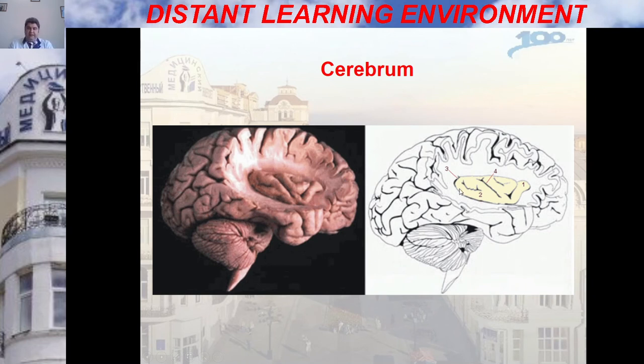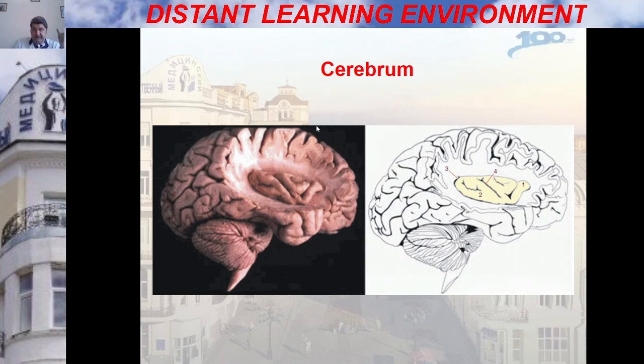Insula. So let's talk about insula. This lobule becomes visible when the margins of the lateral sulcus which overhang it are drawn apart or removed.